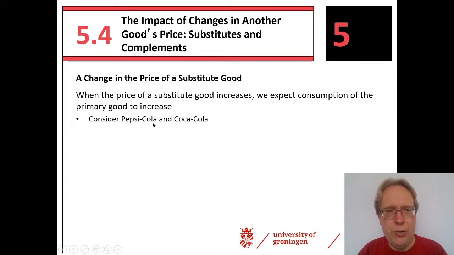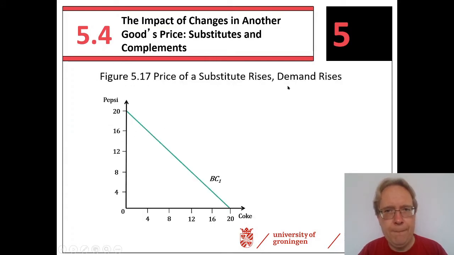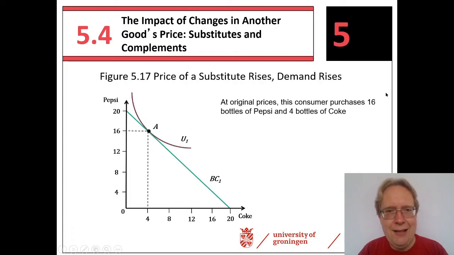So consider a consumer that consumes 2 products, Pepsi and Coca-Cola, and let's consider a change in the price of the other product. So this is my budget line. At the original prices, this is my optimal consumption bundle. So that means that I consume 4 bottles of Coke and 16 bottles of Pepsi.